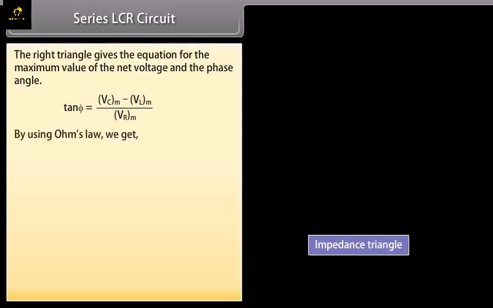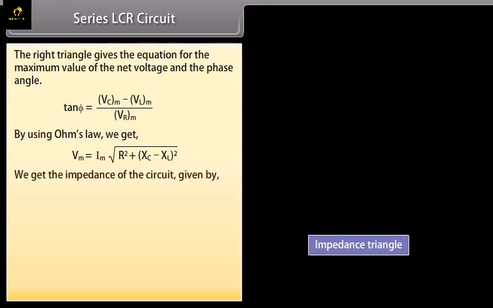By using Ohm's law, we get Vm is equal to Im multiplied by the square root of R squared plus XC minus XL, squared. We get the impedance of the circuit given by the square root of R squared plus XC minus XL, squared.